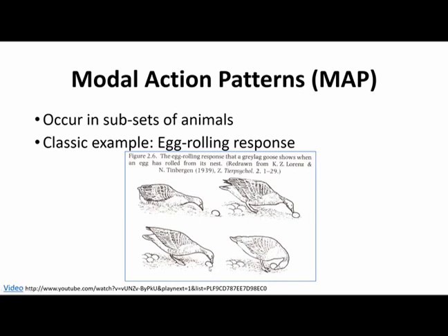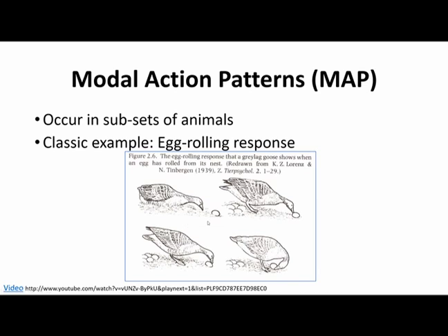They scoop their beak under the egg and nudge it back towards them into the nest. They will scoot that egg underneath their bodies back into the nest. This series of behaviors, the extension, the wrapping around it, and the scooting it back under their bodies, is all very rigid and structured.